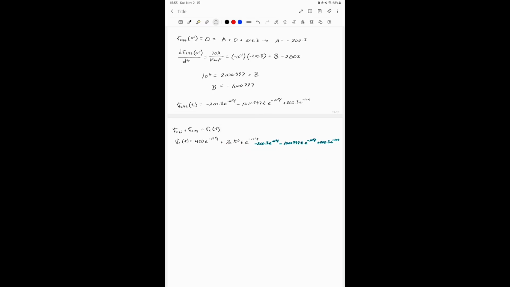Let's shrink it and stick it in there. Okay. So now let's combine like terms.